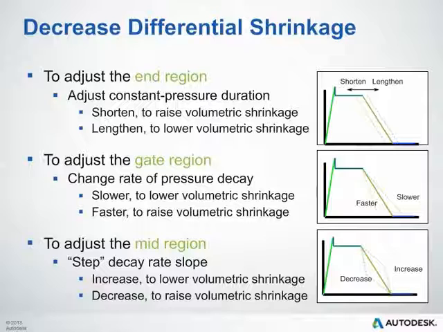Well, maybe you have some areas around the gate that you're overpacking, and that'll cause quite a bit of differential shrinkage because you've got areas that are overpacked and maybe areas that are significantly underpacked. So utilizing a pressure profile like this for your pack pressures could help you in those areas that are overpacked and therefore decrease the amount of differential shrinkage from region to region in your part.